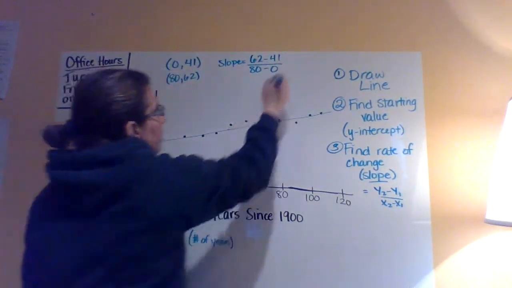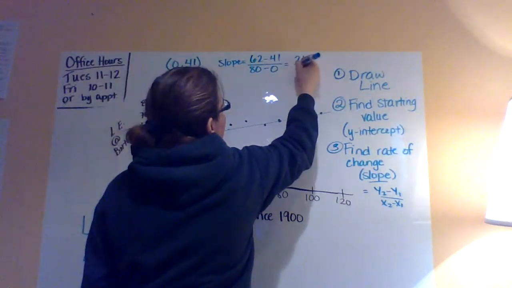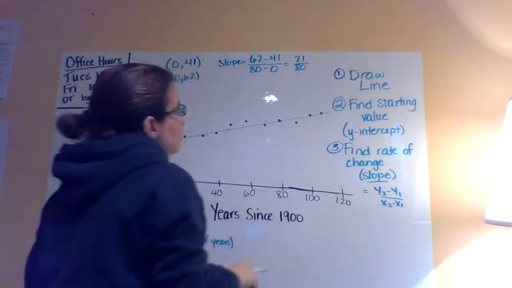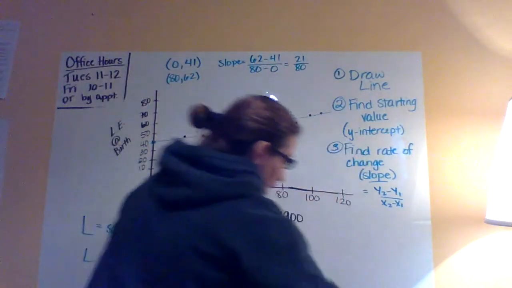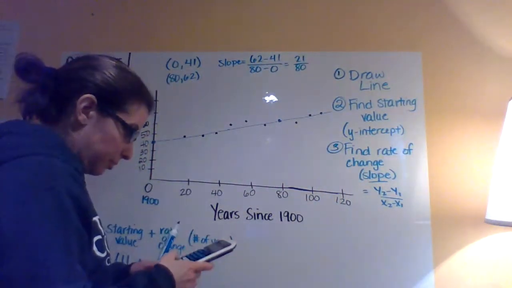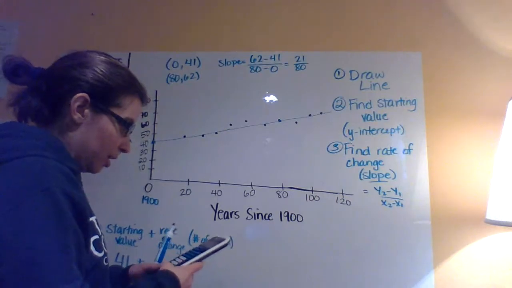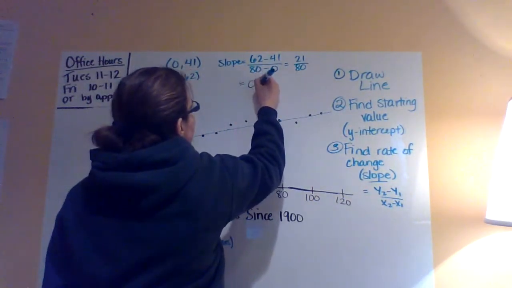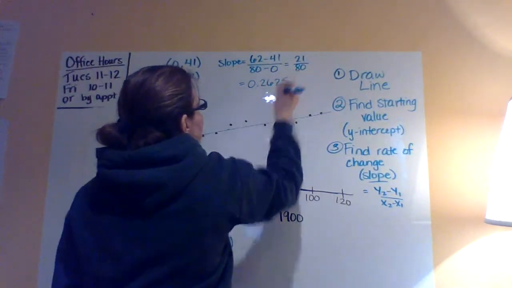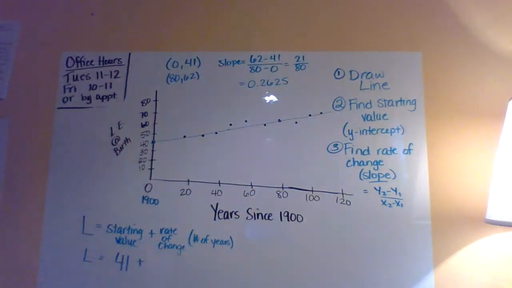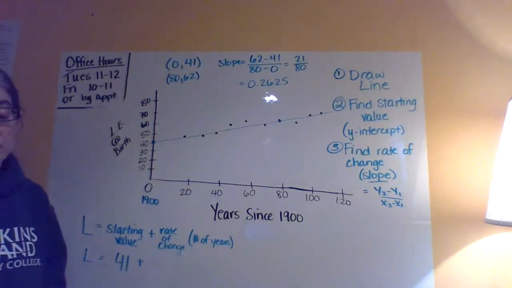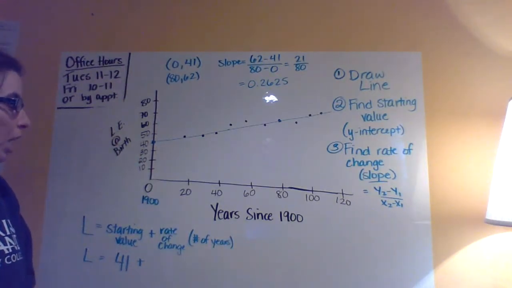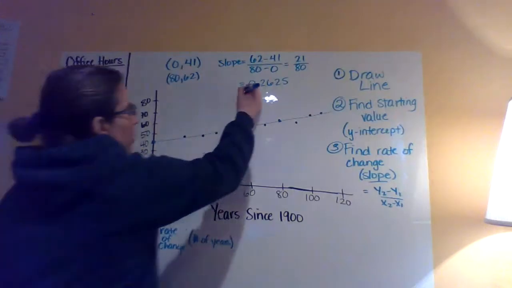So 62 minus 41 is 21 over 80. If we divide that, 21 over 80 is 0.2625. You can call it 0.26, you can call it 0.263. So I'm just going to call it 0.26.